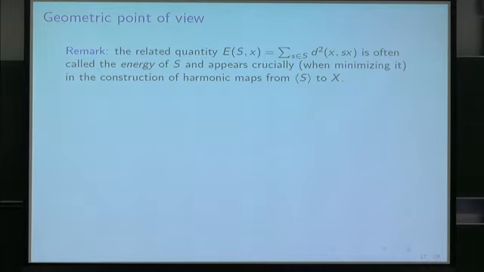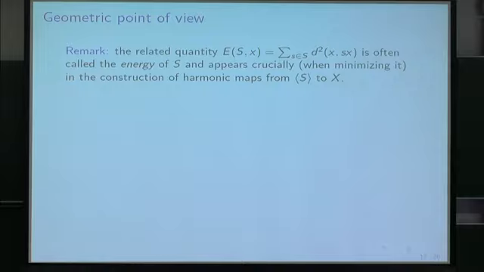The first is that this quantity L of S, this L of Sx, has been studied a lot in geometry and geometric group theory in relation with harmonic maps. Because this is the way to build harmonic maps, from the Cayley graph generated by S to a target space like X. The way is to minimize this LSX.